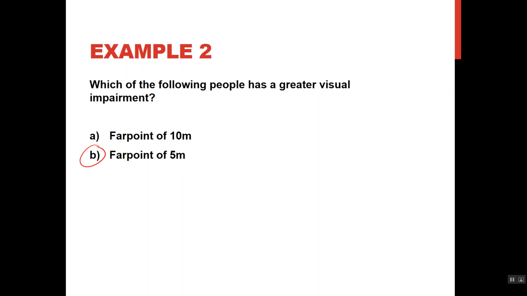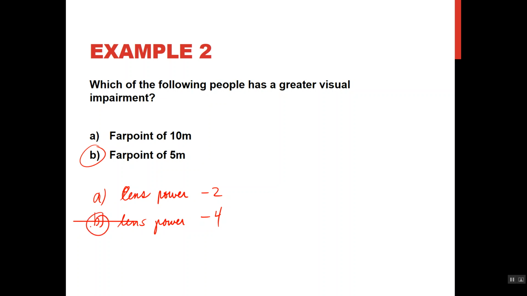If I were to change the question now, say A or B, someone who has a lens power of -2 versus a lens power of -4, who has a greater visual impairment, A or B?